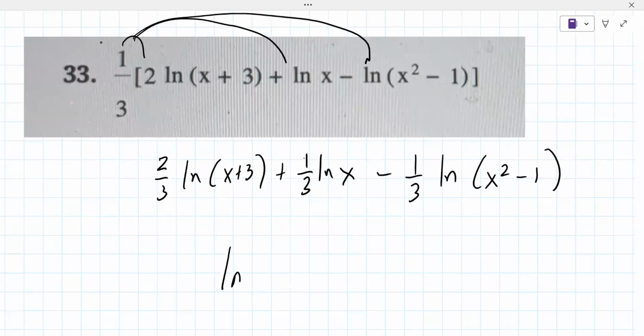So again, why don't you try this from here? See if you can figure out what goes on the top.